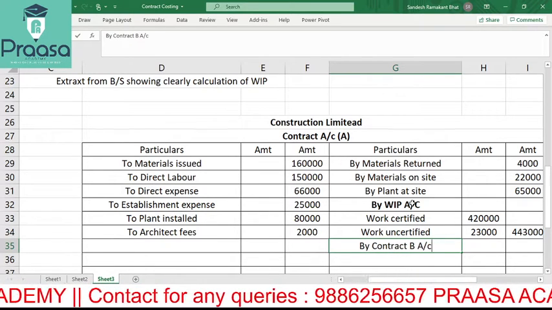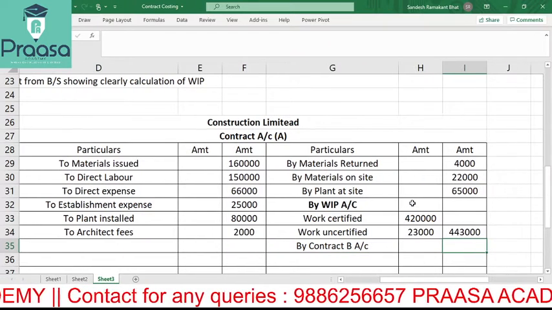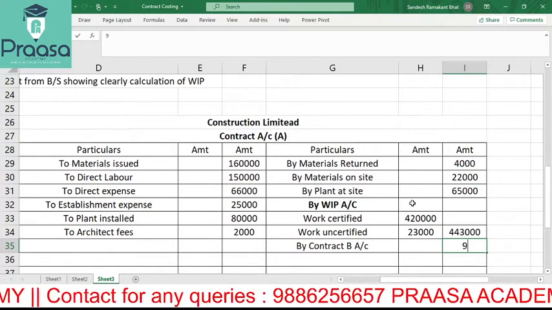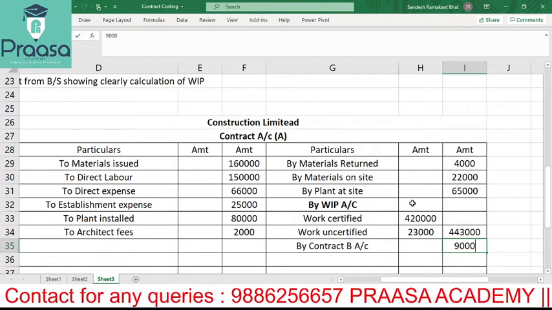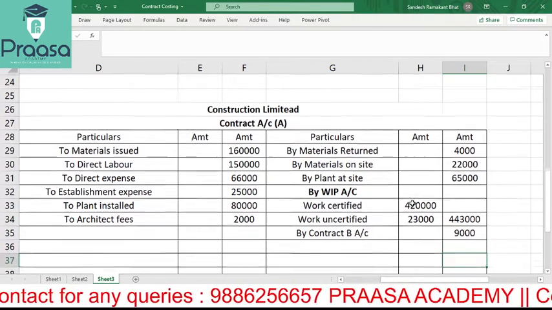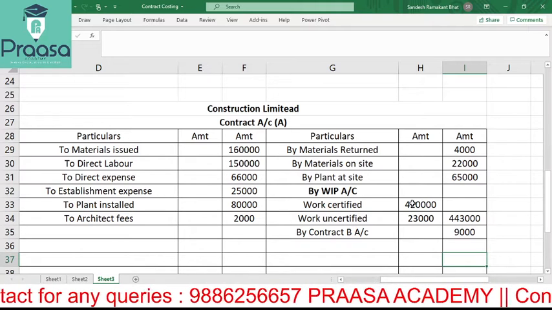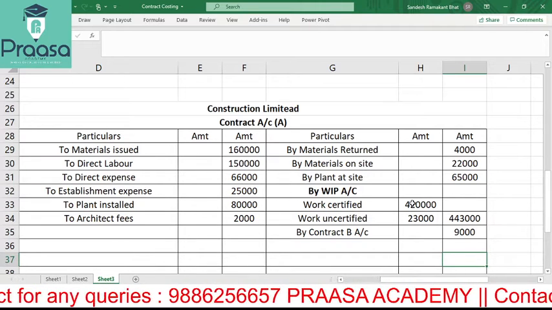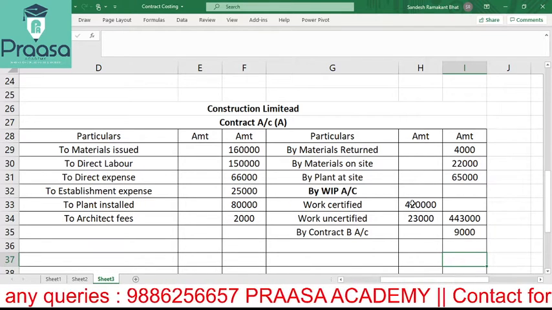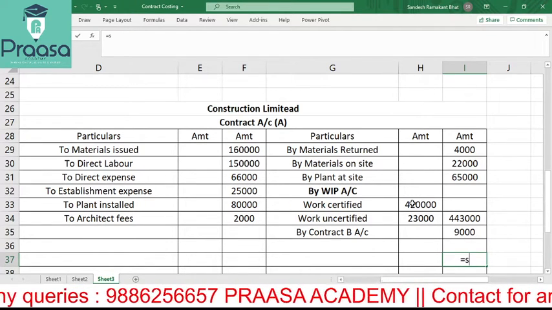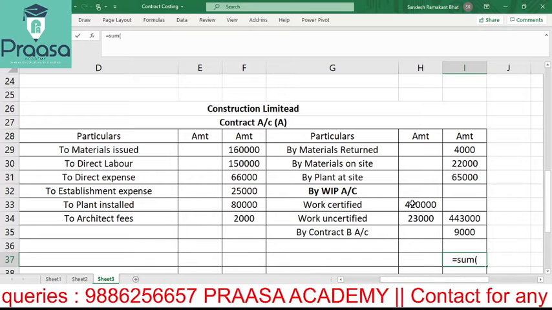I have to send it to contract B because it is a simple transfer of material. Both contracts are from the same company, Construction Limited. They can shift, but it should be entered in the books of account. That is very important.